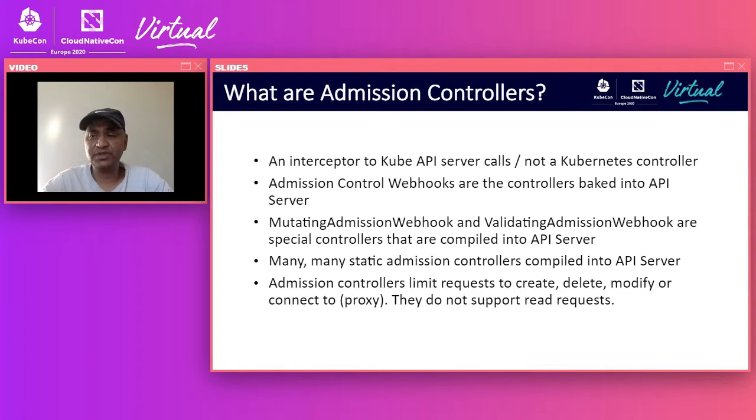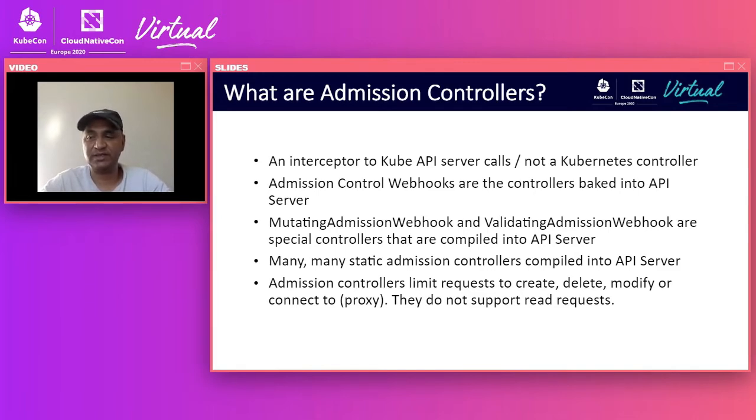Admission controller webhooks, on the other hand, are simple HTTP callbacks, and admission controllers, like I stated, are mutating as well as validating, or special controllers compiled into the API server. There are many other plugins compiled into the API server.